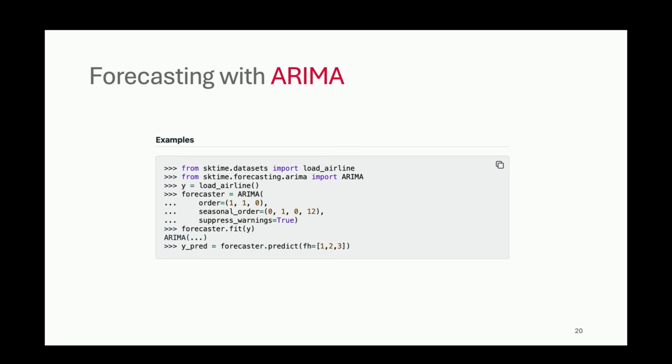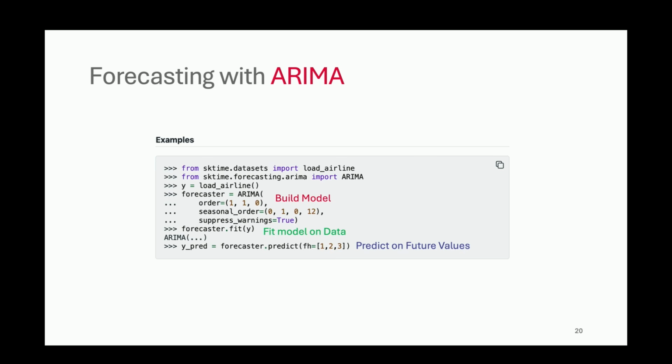Let's have a quick example of how you do forecasting with ARIMA in Sktime. It's pretty simple, just like scikit-learn. You have this forecaster, you call the ARIMA model, then you build the model. You call the fit function over the data, which just fits the ARIMA model on the data you have. Then you just predict the values using the forecaster's predict.